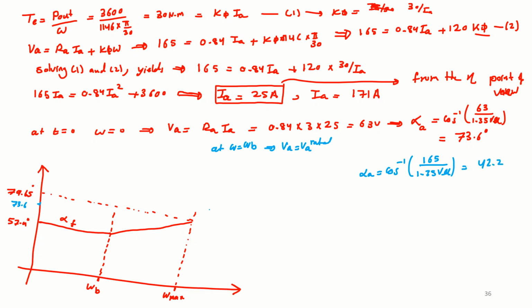And if we do the math, this will equal 42.2. Remember, when omega is greater than omega base, VA must equal VA rated also. So this means that here the angle will decrease until we are reaching the 42.2, and it will be constant.